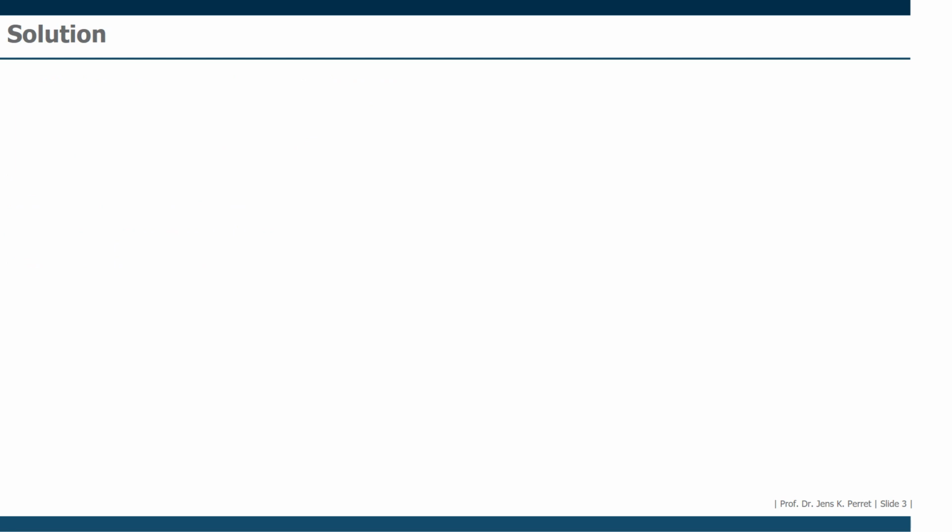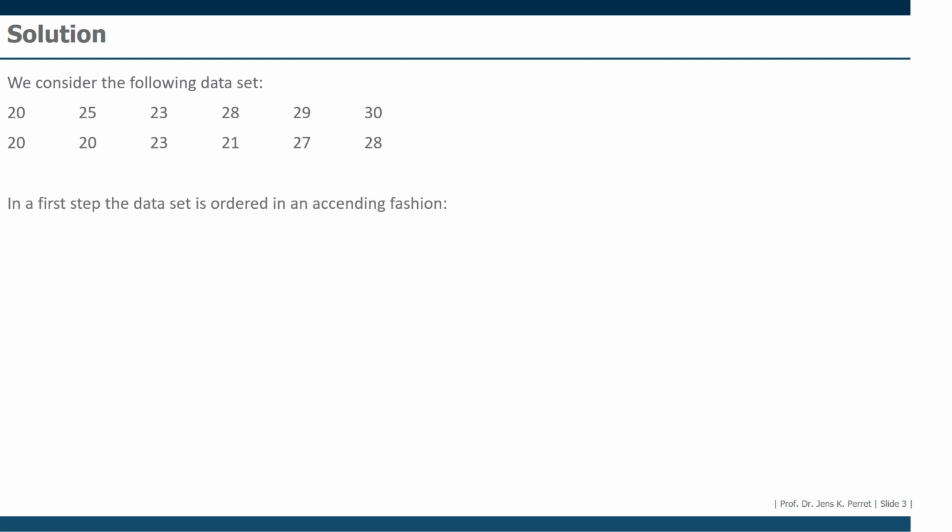But to make our life a bit easier, instead of directly building the frequency table, we're first going to take this dataset and order it in an ascending fashion. It will make construction of the frequency table a bit easier and the calculation of the median significantly easier.